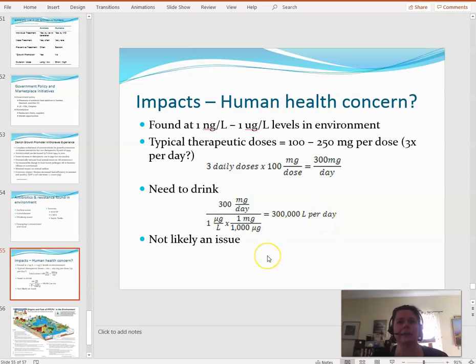You're not going to drink that amount of water. There's no way you physically can. You will die from too much water. If you divide this number by 4, it gives you gallons, so it's about 100,000 gallons, a little less than that. But no, there's no way. So even if this is in the environment, I always like to make sure that people realize that there's no way you're getting a therapeutic dose of this.